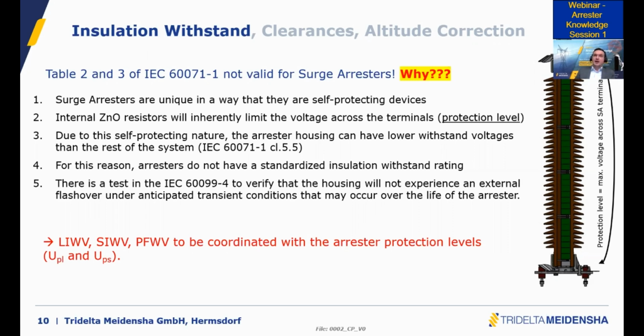Based on the height of this active part, we define the maximum residual voltage of the arrestor, and we want to make sure that the housing, the external housing that you see in brown, is properly dimensioned not to flash over, considering the maximum residual voltage, including a safety margin, because you might sometimes have higher discharge current than the nominal, and of course including the altitude correction factor and coordination factor.